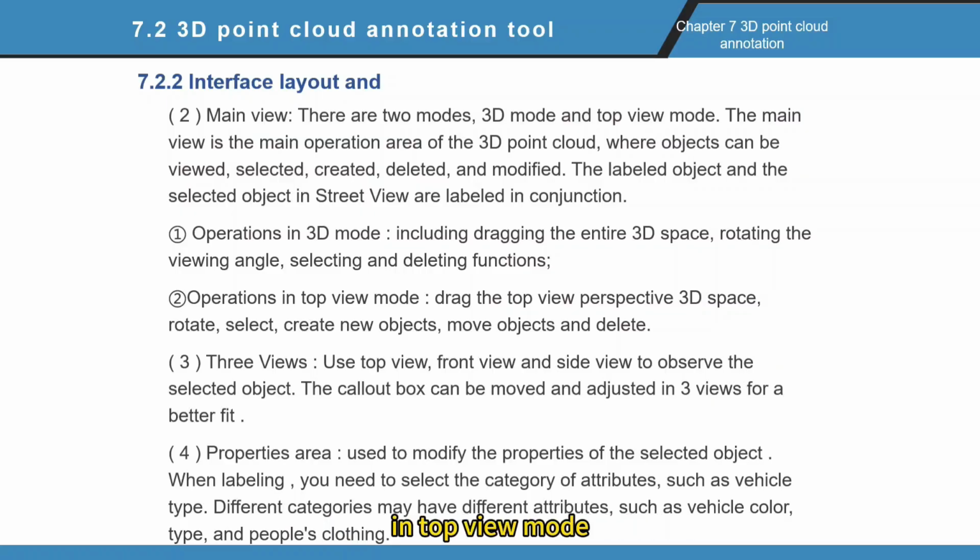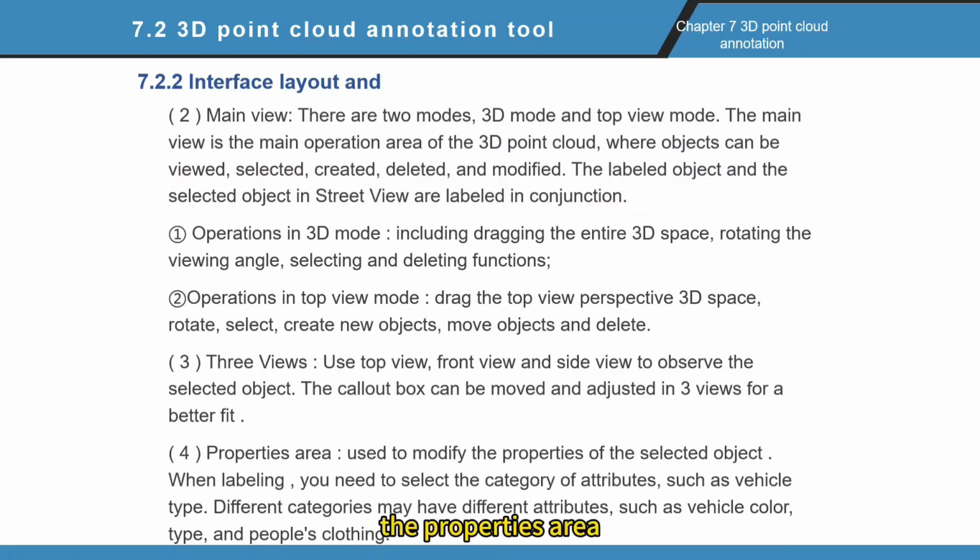In top view mode, you can drag the top view perspective 3D space, rotate, select, create new objects, move objects, and delete. The 3 views feature uses the top view, front view, and side view to observe the selected object. You can move and adjust the callout box in these 3 views for a better fit.